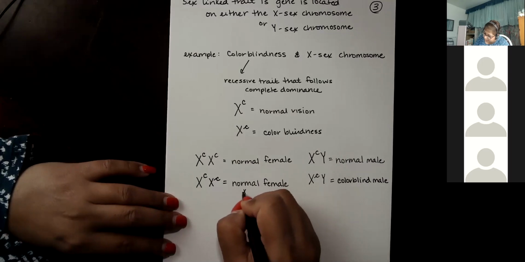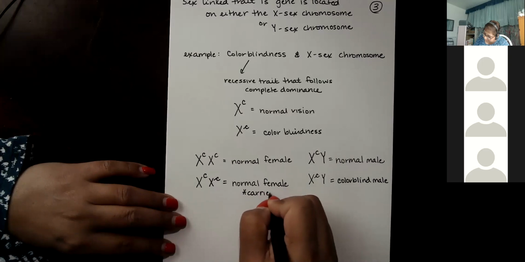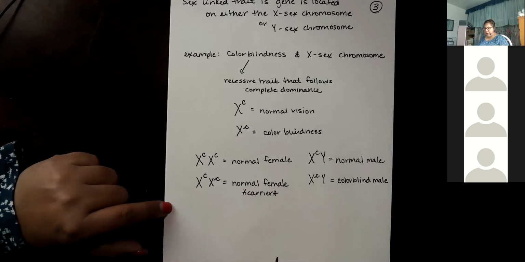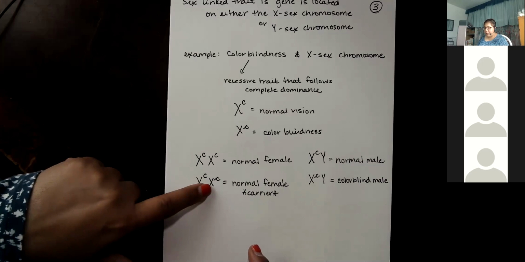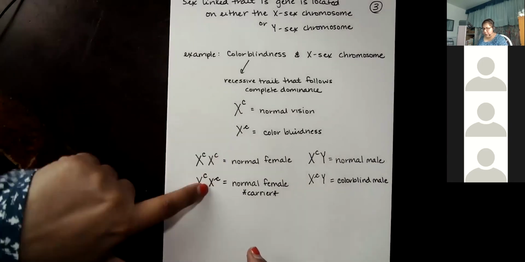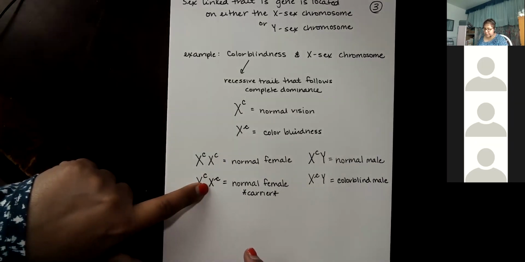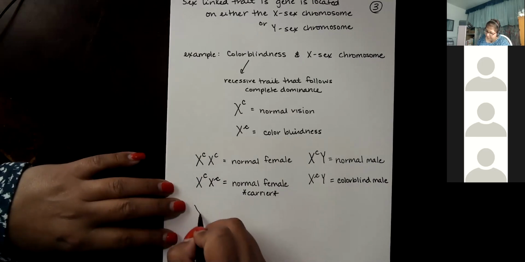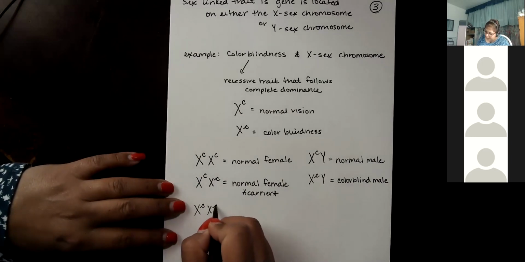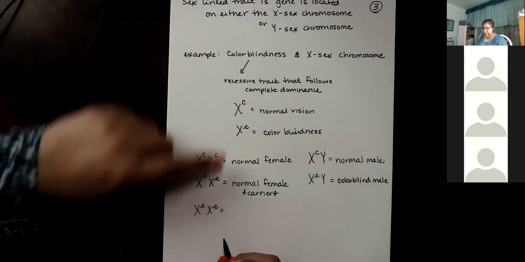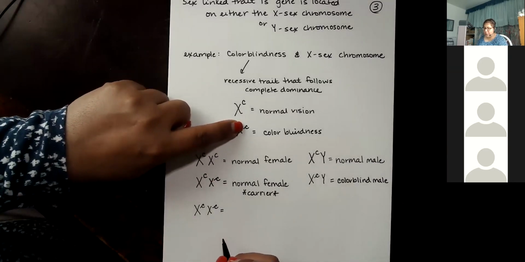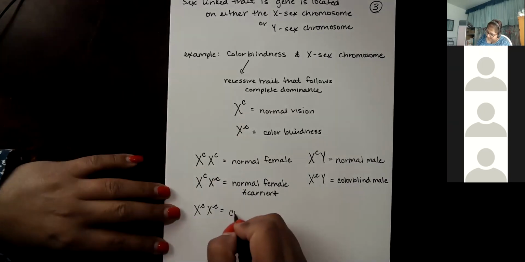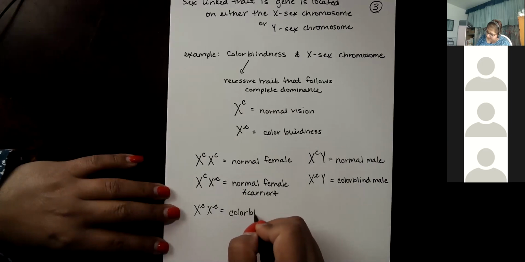Instead, we call her a carrier. The reason we call her a carrier is because she carries the affected gene. In order for a female to be colorblind, she would actually have to have two of the lowercase letters, or two of the colorblind alleles.